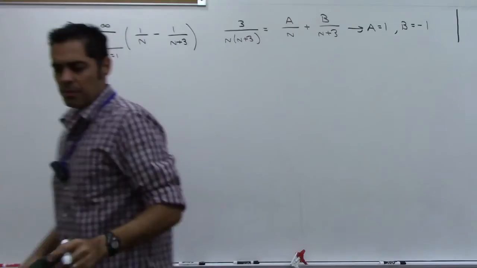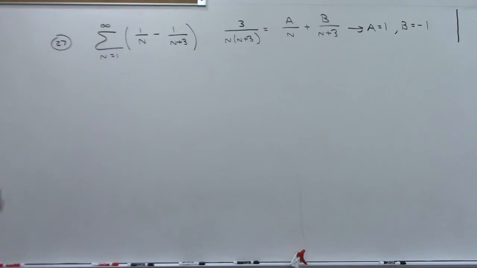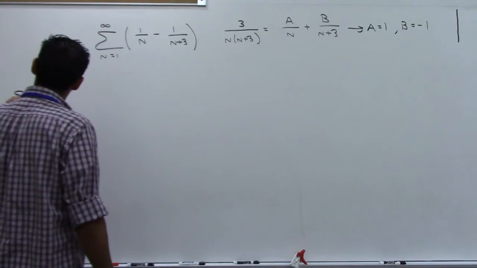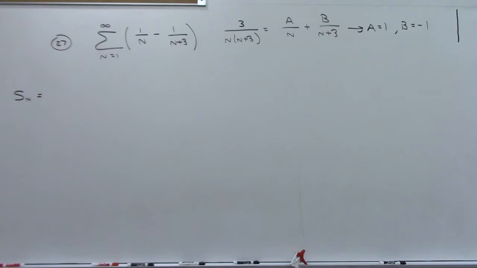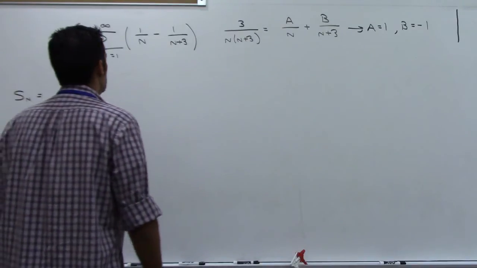And I know I'm going to get some collapsing to happen here. So right now I'm going to start out with the nth partial sum. All right, so when I do the nth partial sum, I'm going to start plugging in numbers right here.